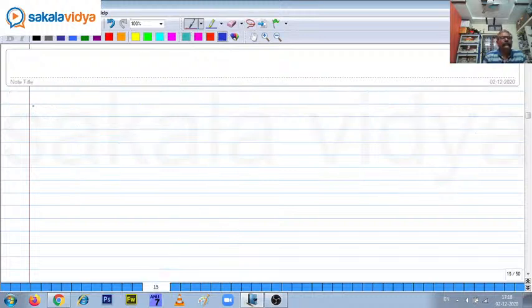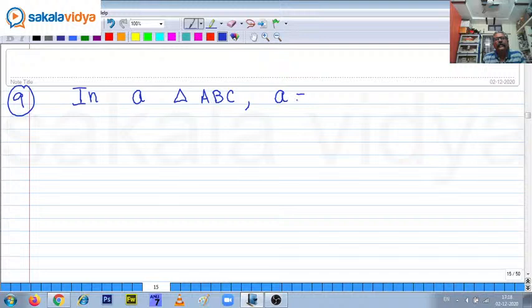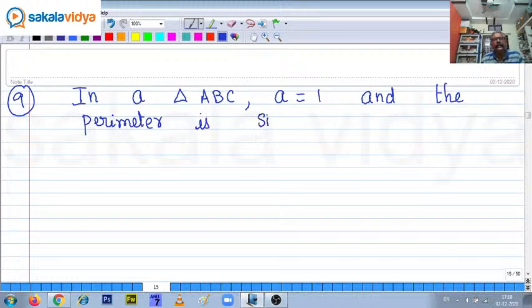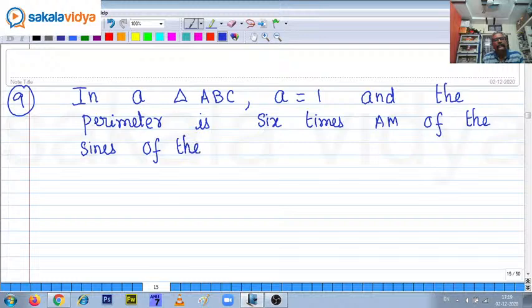So let us move to the ninth problem. In a triangle ABC, side A equals to 1 unit and the perimeter is 6 times the arithmetic mean AM of the sines of the angles, then angle A equals to.